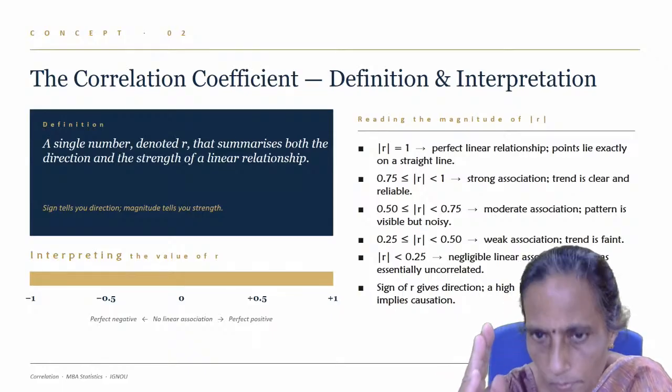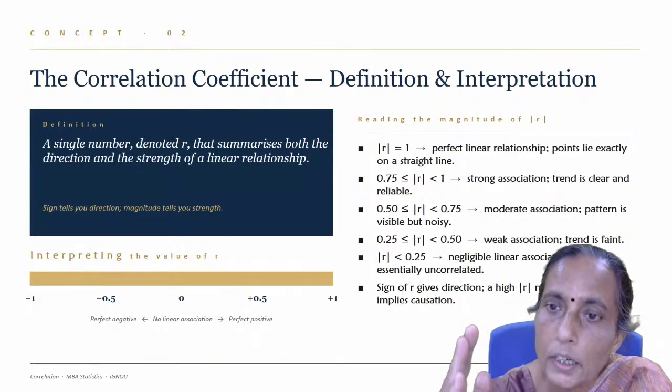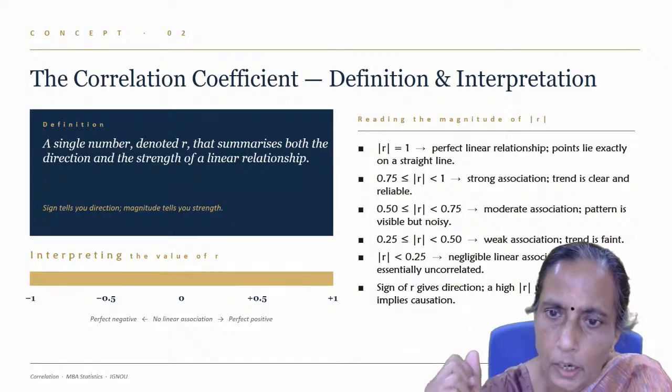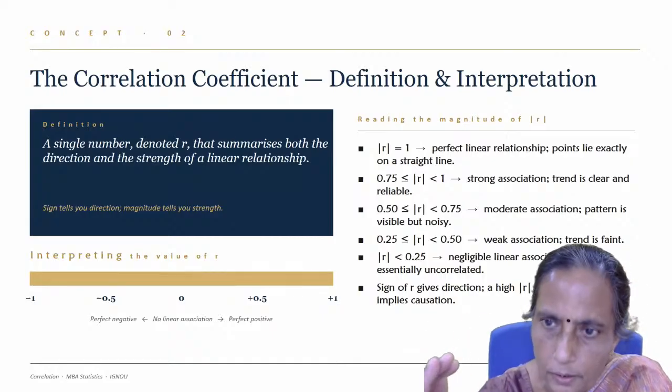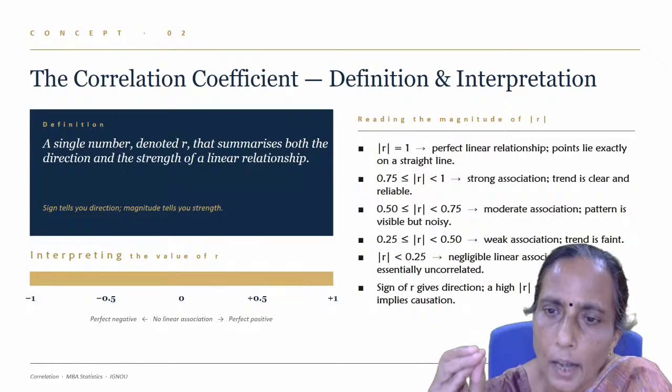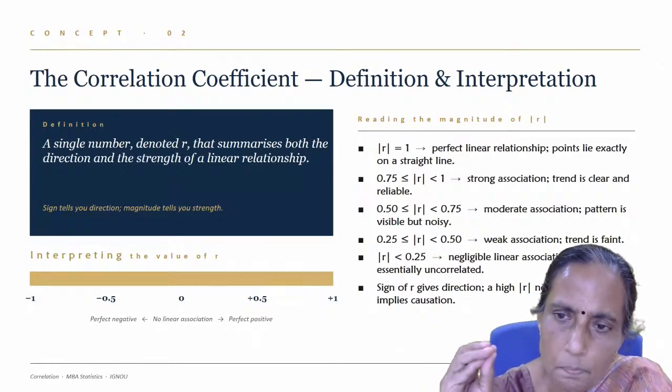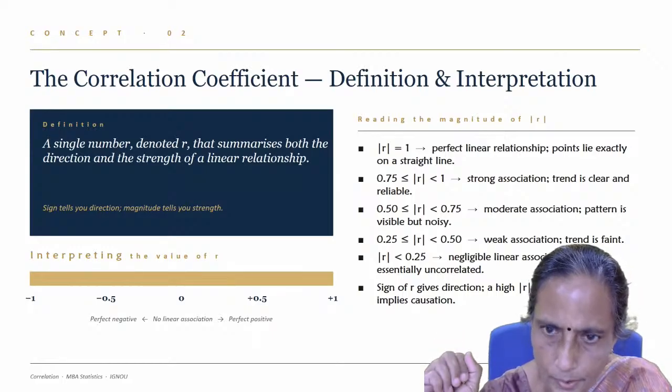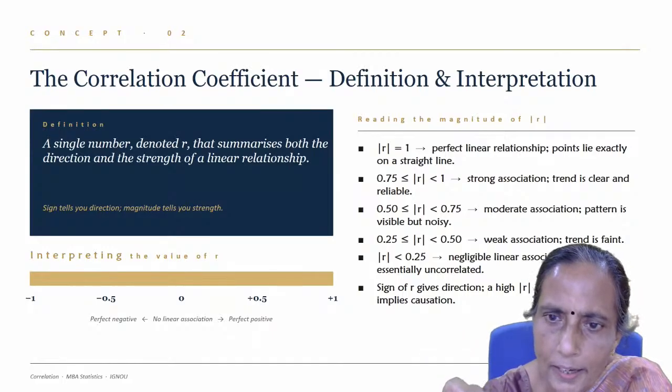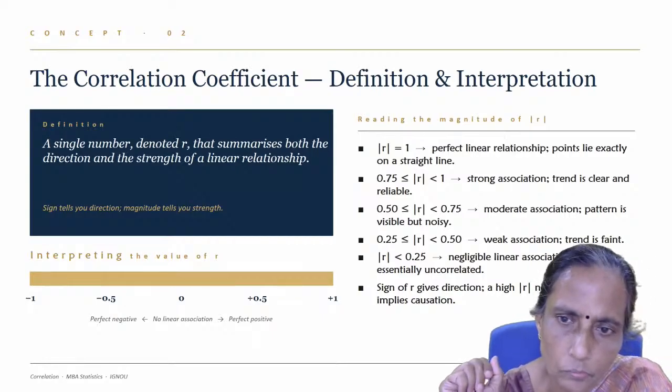If the absolute value of r is equal to 1, then you may say that the relationship between the two variables is perfect and linear. The points lie exactly on a straight line.